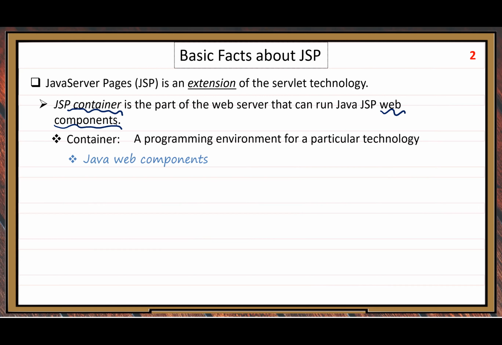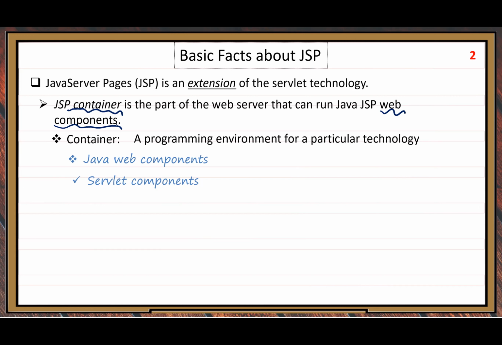And Java web components, servlet components. We know software components, right? These software components must be running in a web environment, so we call them web components. We know servlets must be running in a web environment, right?